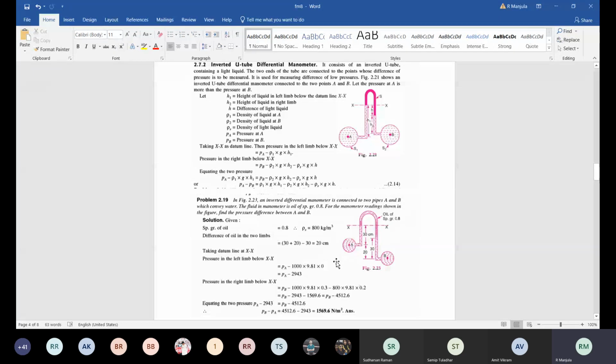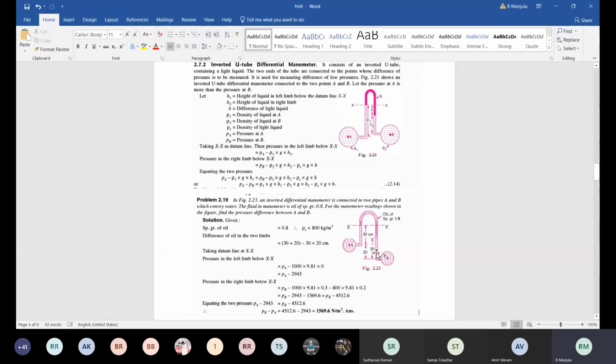Similarly, the pressure on the right limb will be PB minus 1000 into 9.81 into 0.3.